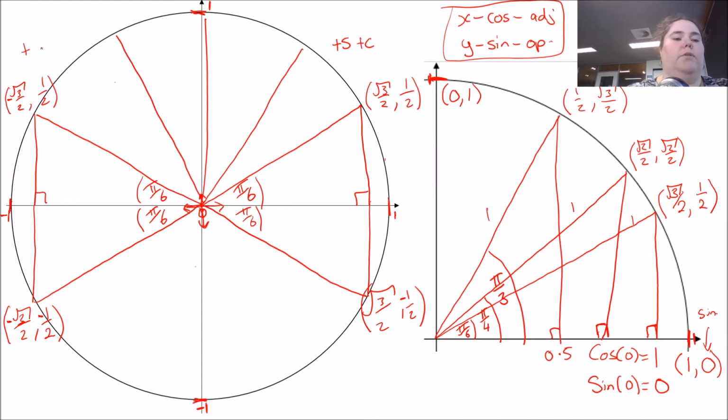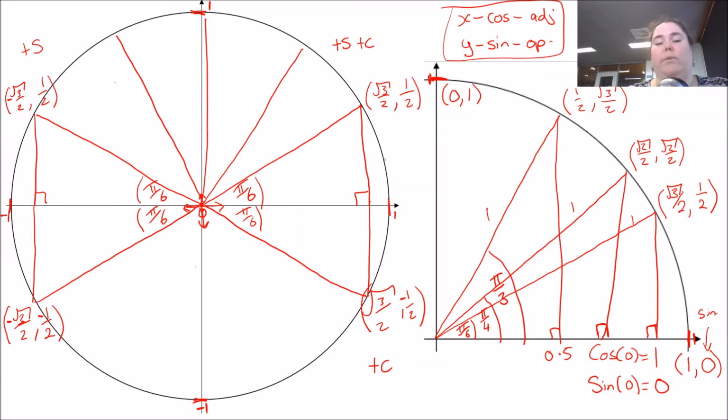I have a positive sine over here and a positive cos over here. Neither of them are positive down in that bottom one. Okay, so that's really cool. That's how symmetry works. The exact values are the same in every quadrant. It's just their positive and negative sign that changes.